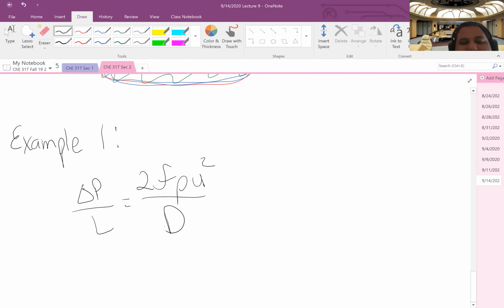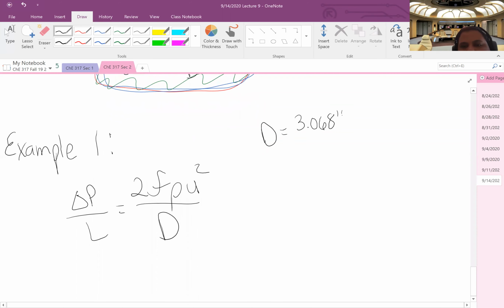Right, so we're going to be using this form of the expression. Delta P over L is equal to 2 times f times density times velocity squared over the diameter. The diameter was 3.068 inches. f provided was 0.005.